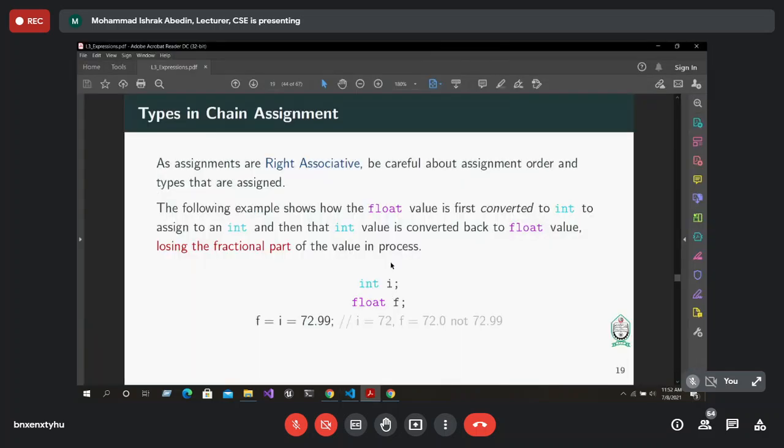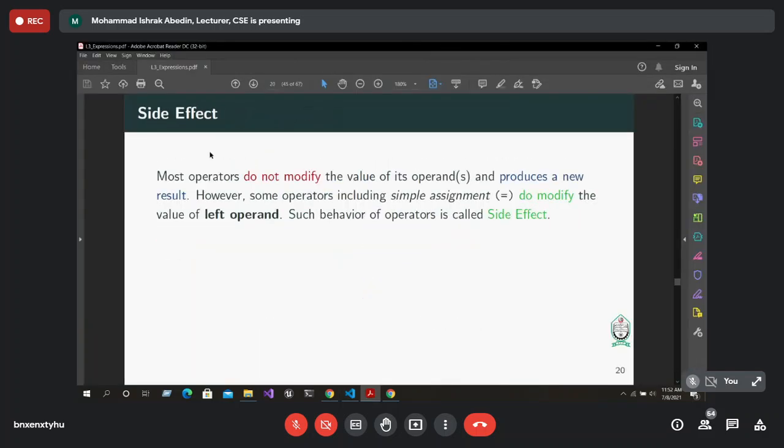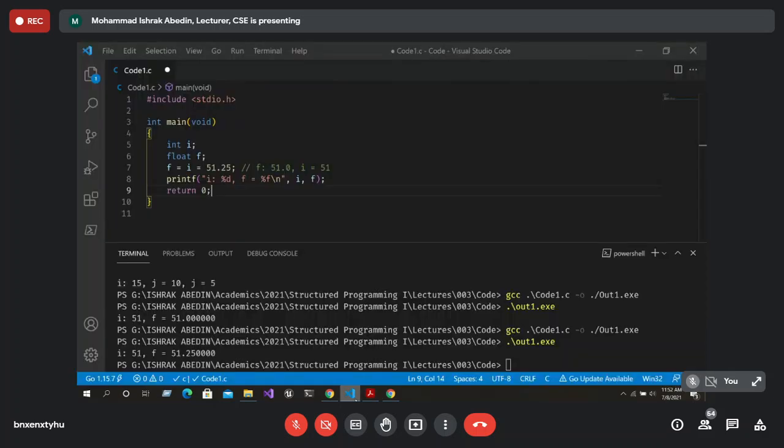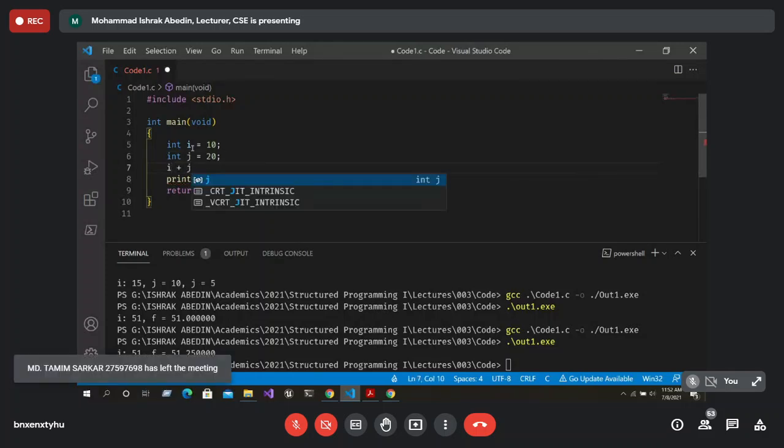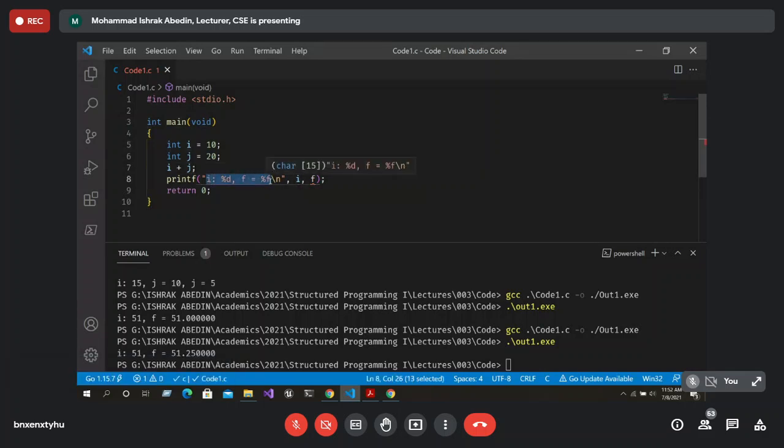So let's talk about side effects now. When we deal with most of the operators, like the assignment operator, I can write integer i is equal to 10, j is equal to 20. If I write a blank statement just like this, i plus j, I can also print it out, right?